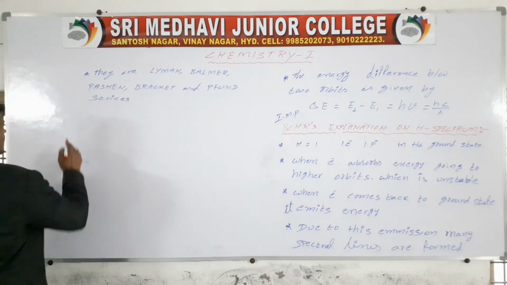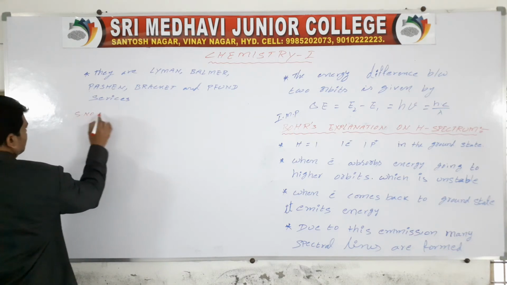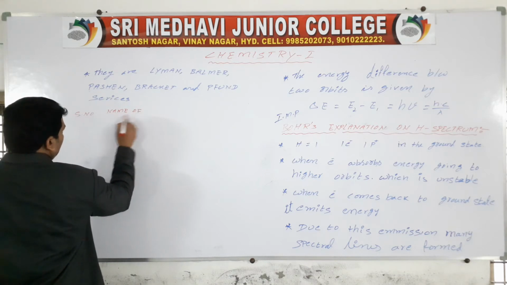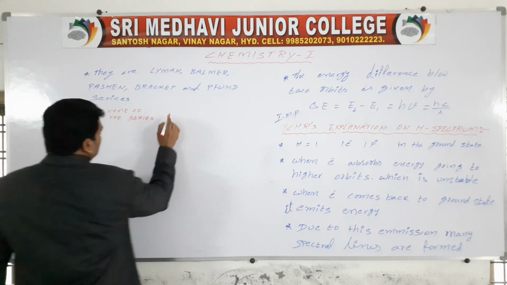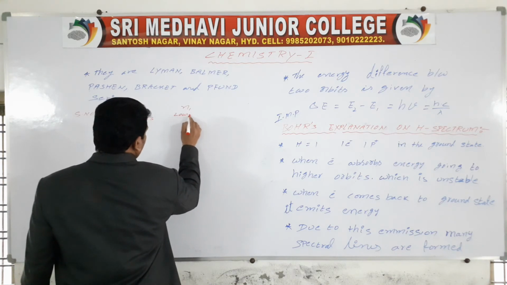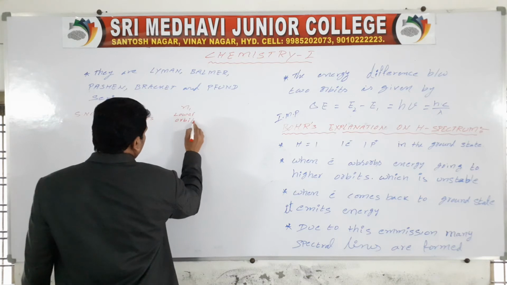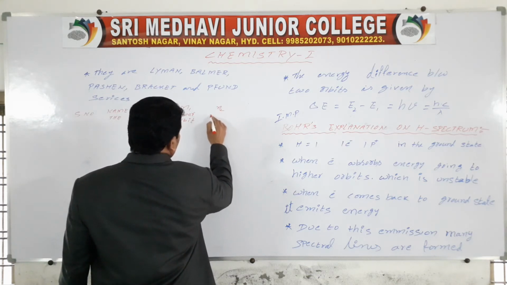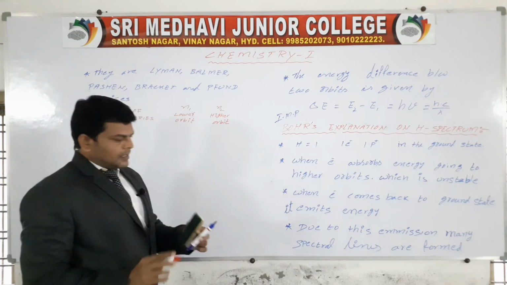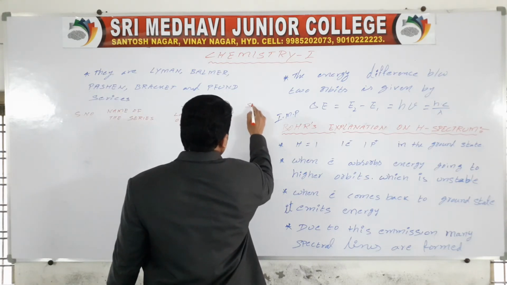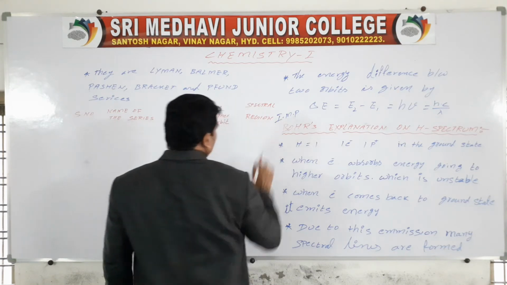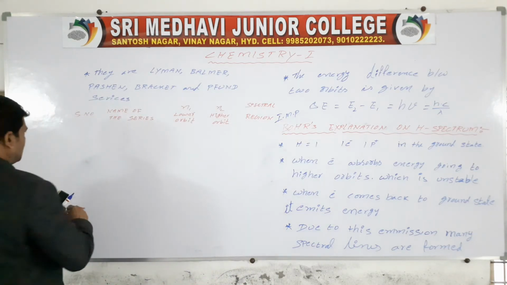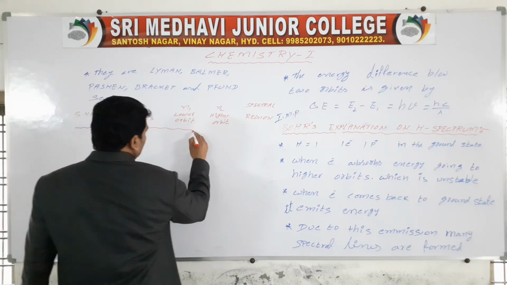So here: serial number, name of the series, n1 lower orbit, n2 higher orbit, and spectral region.